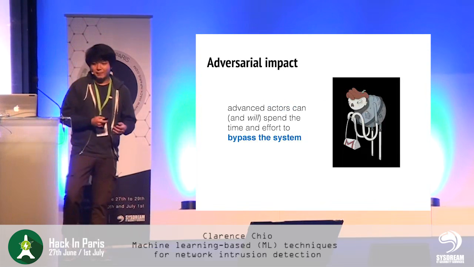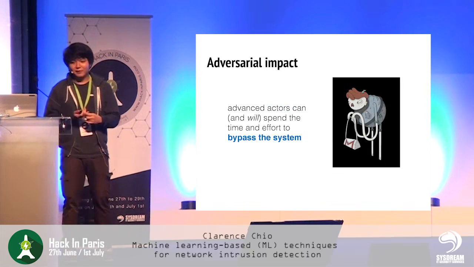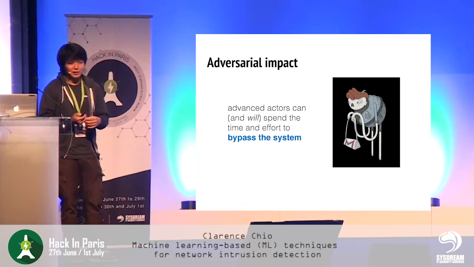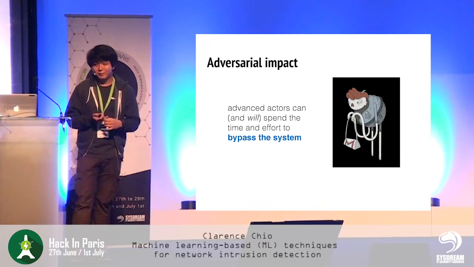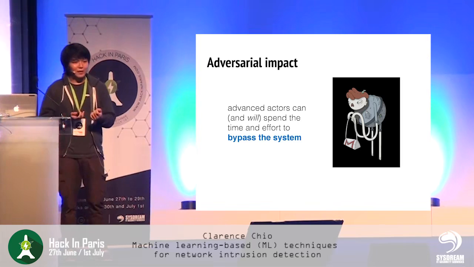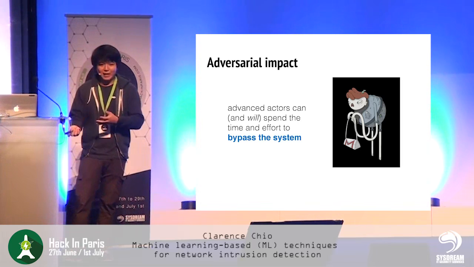And lastly, adversarial impact. Advanced actors can and will spend the time and effort to bypass your system, especially in the context of security. No one is going to try to bypass a recommender system by Amazon, because there's no payoff in that, at least no payoff that I can think of. But there is a very high payoff to bypassing any kind of anomaly detection system, like malware classifiers.